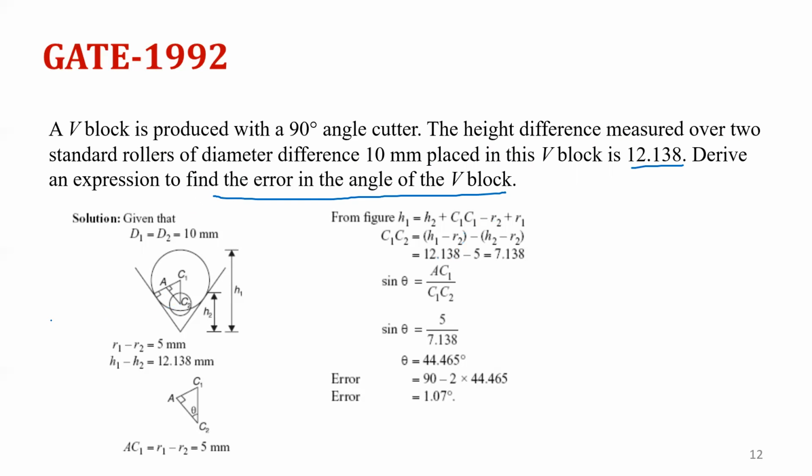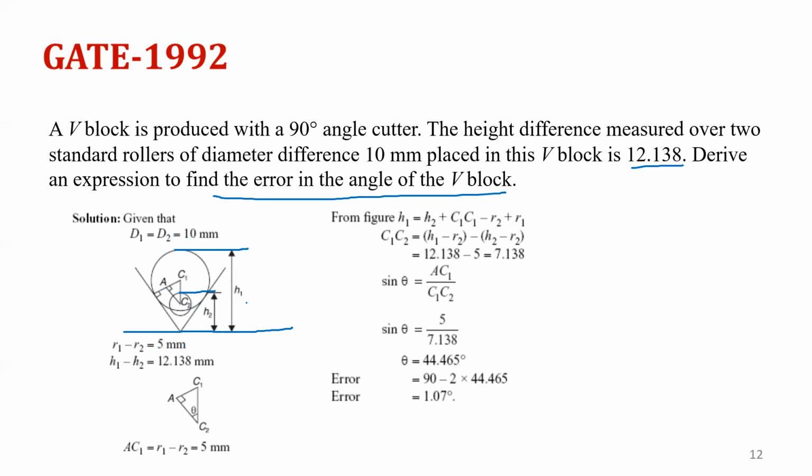This problem is solved by considering it as a roller problem. We place one roller here and then take the height, H2. This is the reference line. Again you place a larger roller and then you take H1.